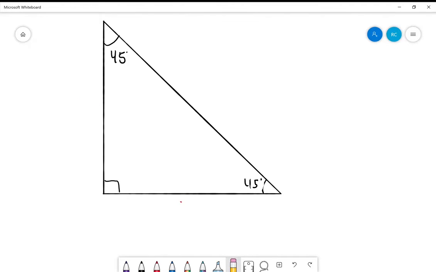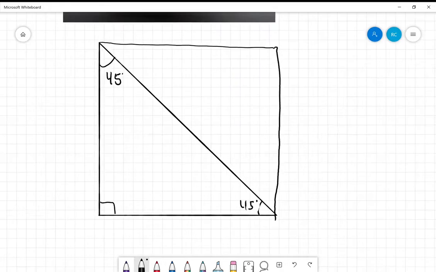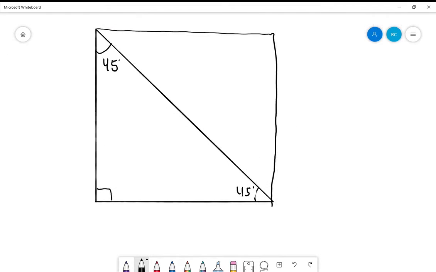Well, if I was to extend this triangle out, that's half a square. A 45, 45, 90 triangle is half of a square. If you take a square and cut it down the diagonal, you get this 45, 45, 90 triangle.